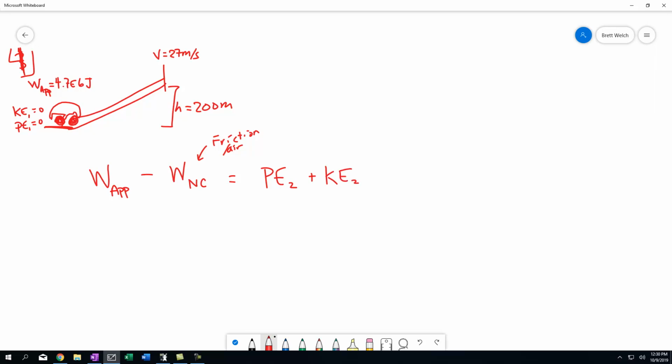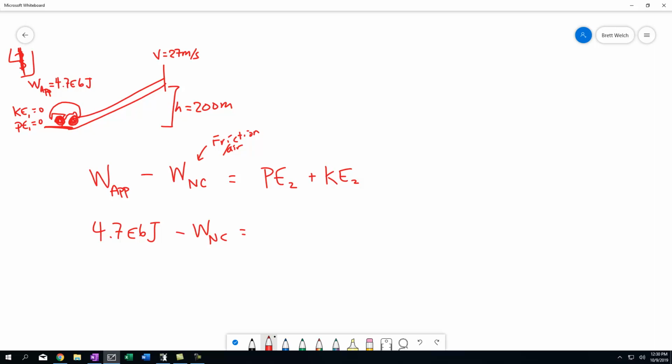We know that applied work came out to 4.7 E6 joules minus WNC. Now, if it turns out that potential energy and kinetic energy add up to the 4.7 E6, that means that there wasn't any losses due to friction and air resistance. So this could be WNC is 0, but the only way to know that is to see what actually happened.